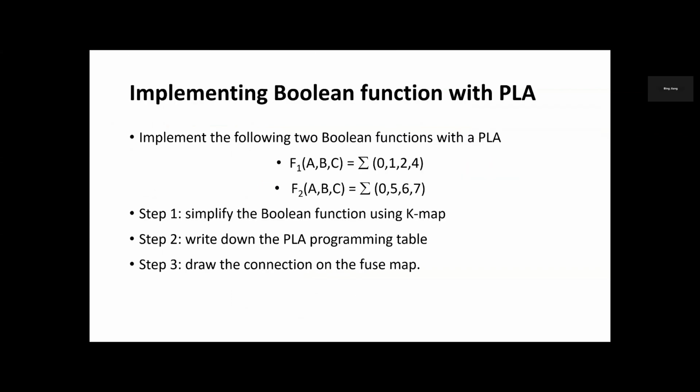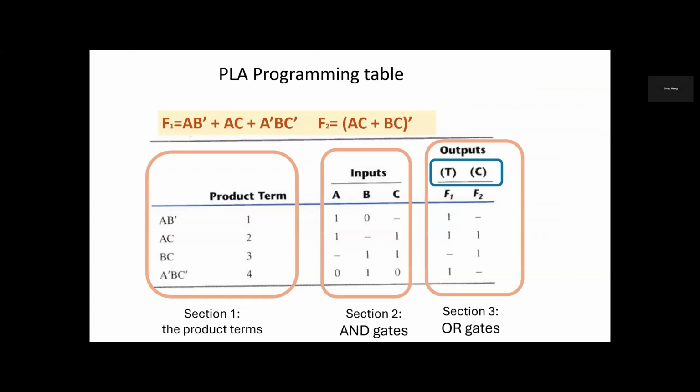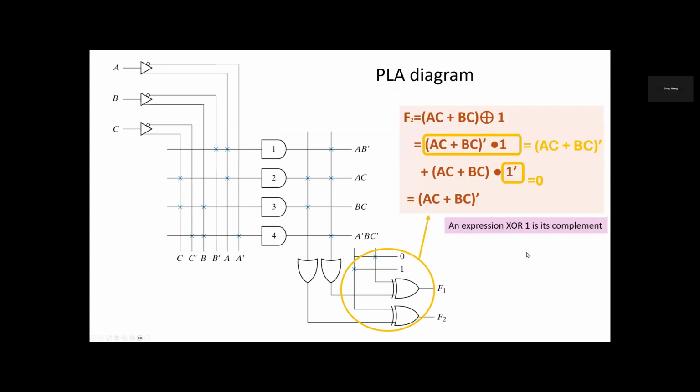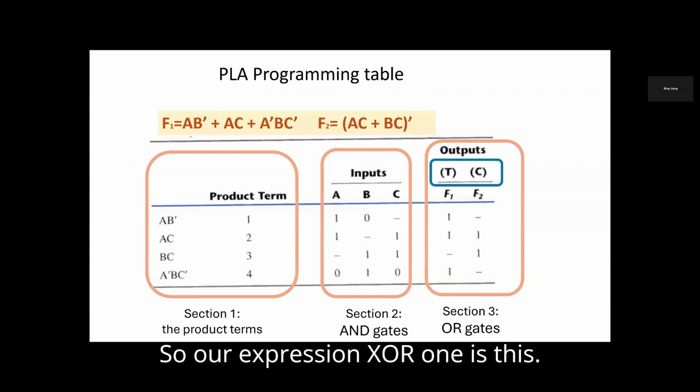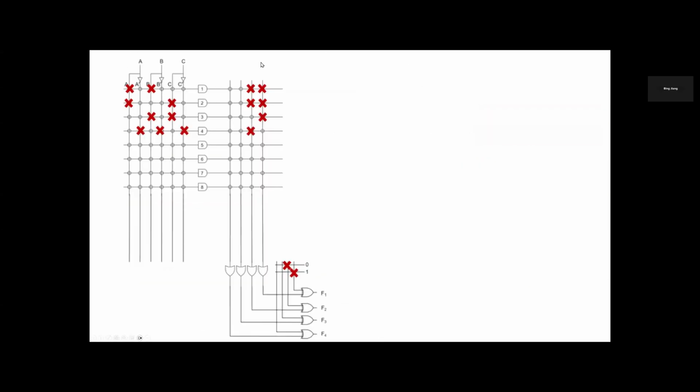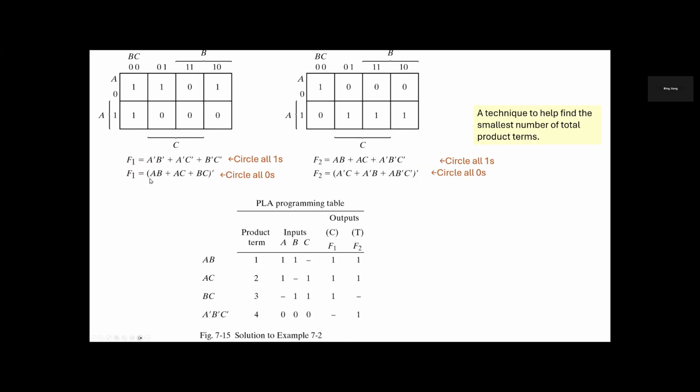XOR with 1. So an expression XOR 1 is this. So F1 is AB or AC or BC, prime.